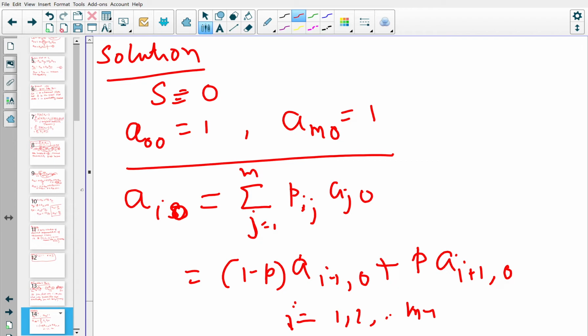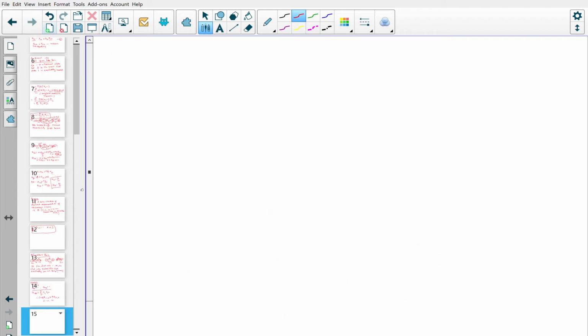Now how to solve this kind of equation? Let us solve it. Let me write this equation in another form.